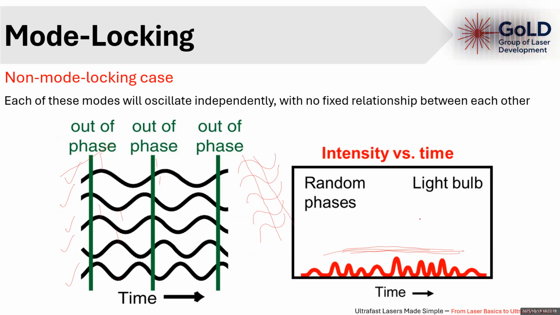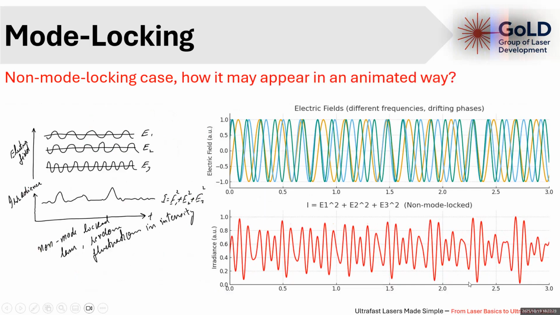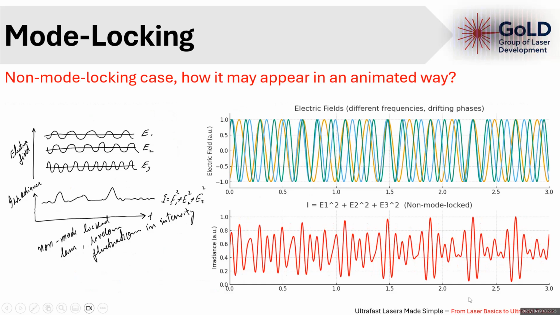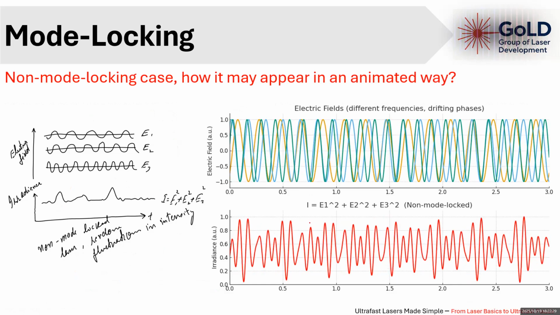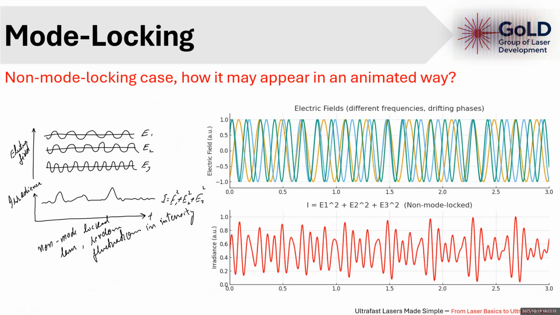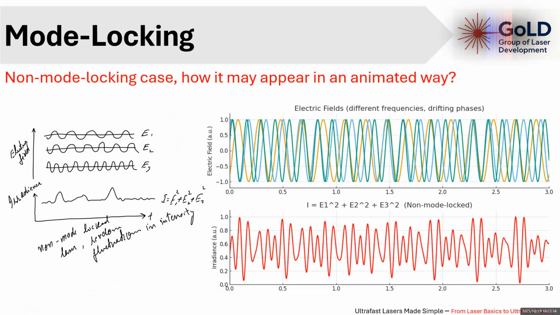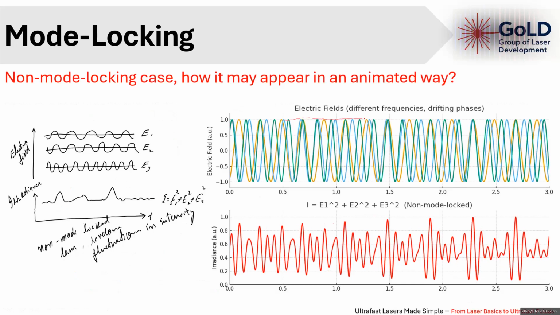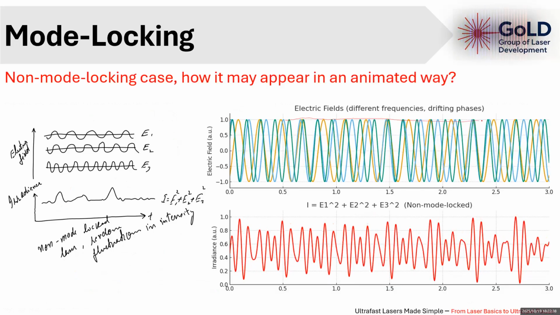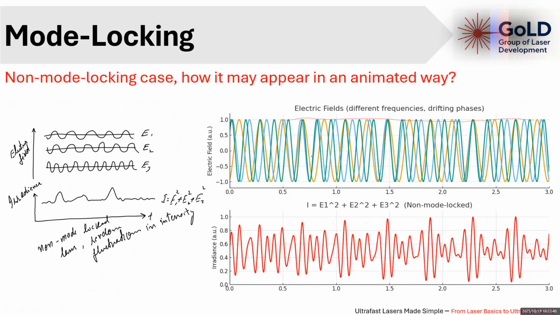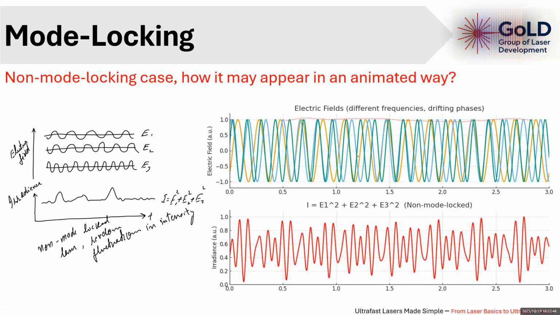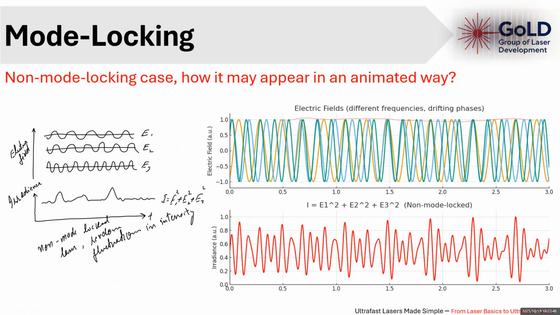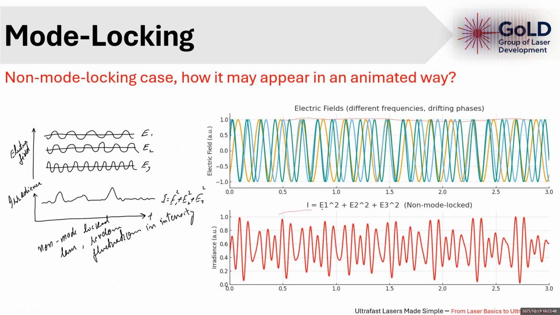Okay, so the next slide. If you see here on the right side, it's a kind of animation. When all these modes, the different waves, are moving randomly and they are not overlapping with each other, or they are not phase locked, in this case the output is like this.